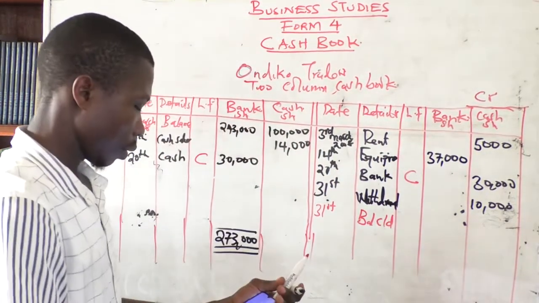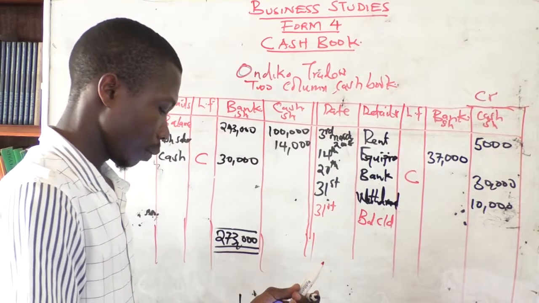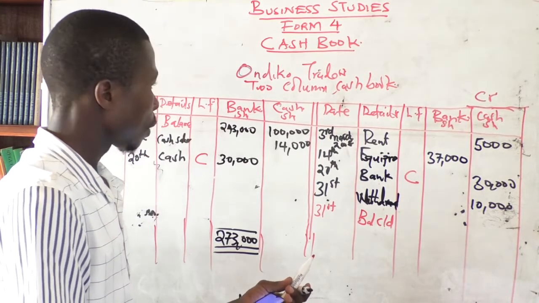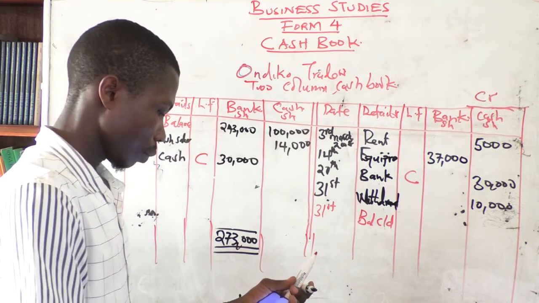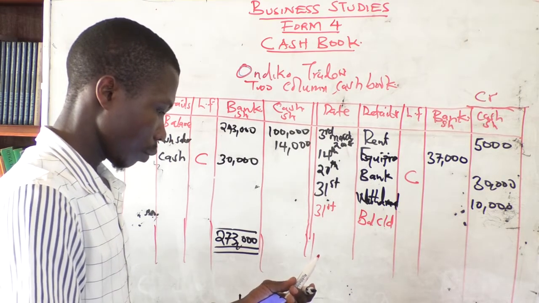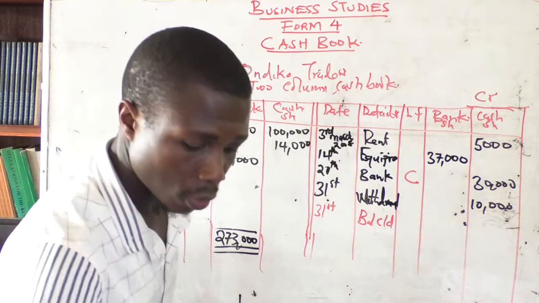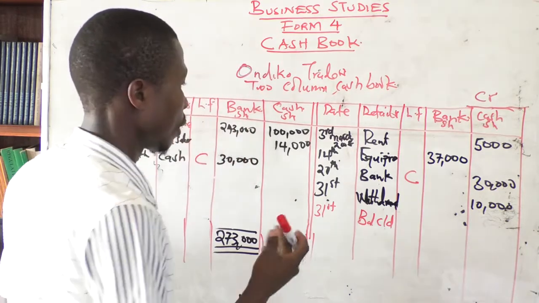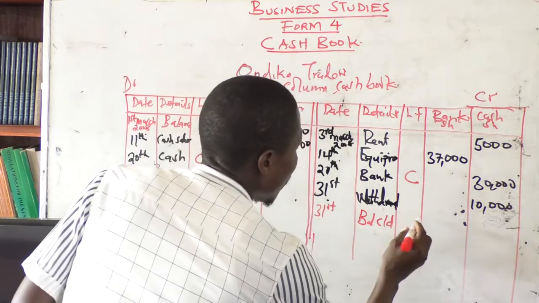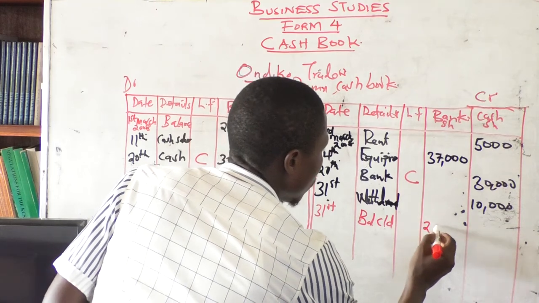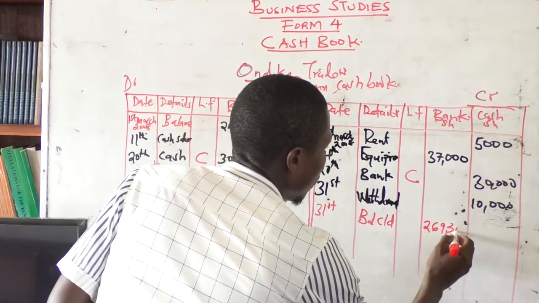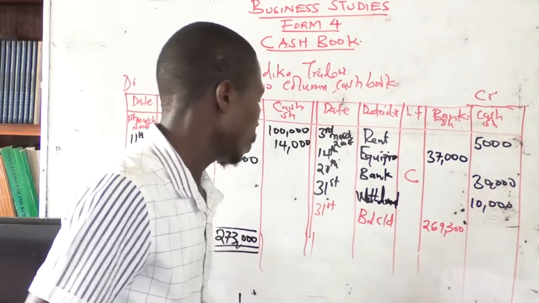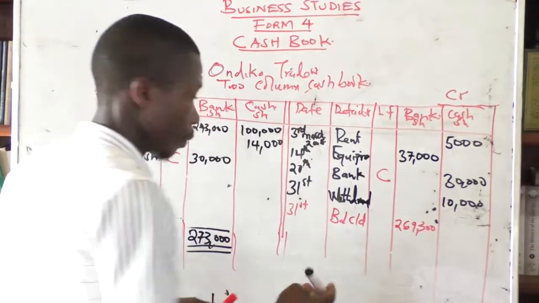So we are going to take 273,000, subtract 37,000. It's going to be 269,300. So we are going to write this one here, 269,300.